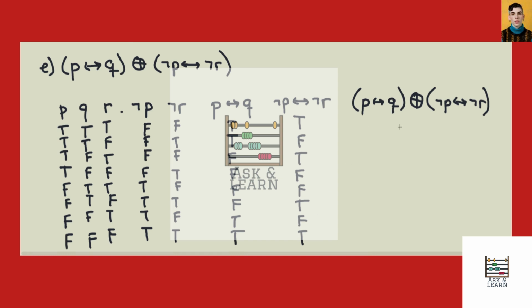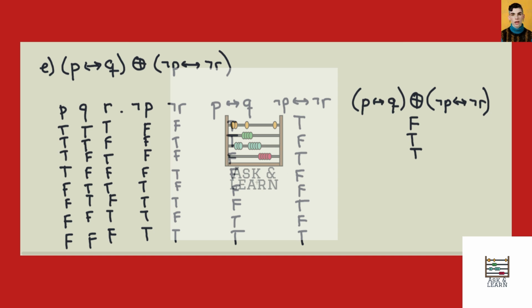Now, we solve for the entire compound proposition. So exclusive or, again, we know that exactly one of the propositions has to be true for it to be true. Anything else, it'll be false. The first one, these two are true, so that is false. The second and third, they differ. Exactly one of them is true, so they're both true.